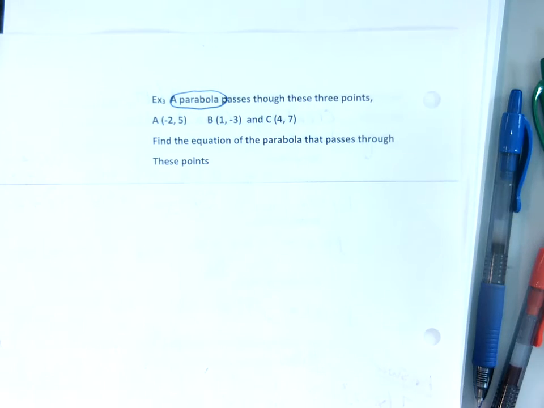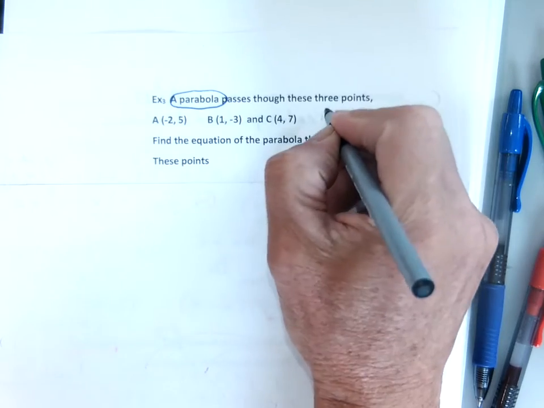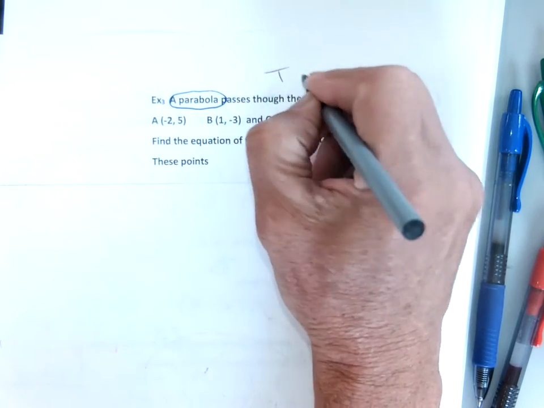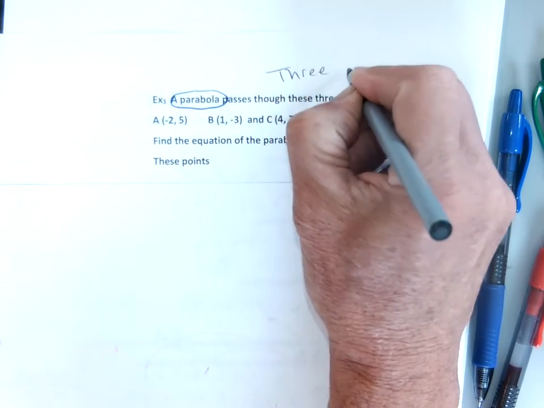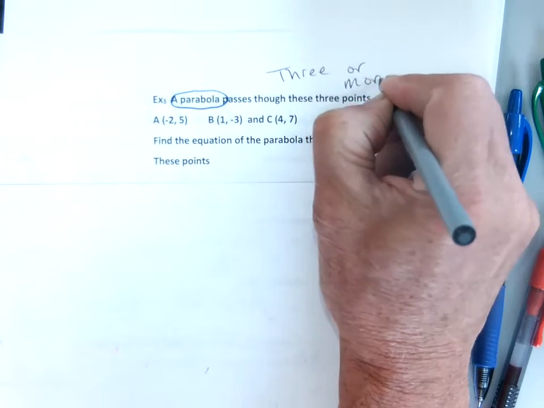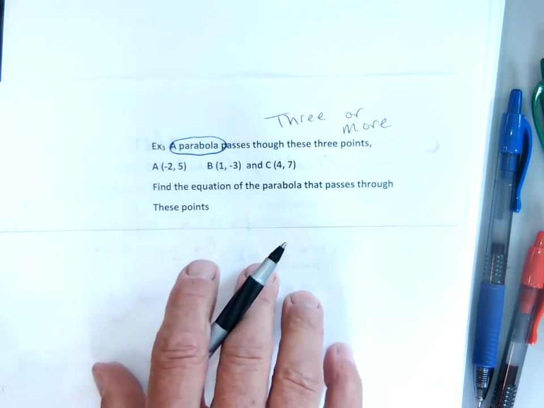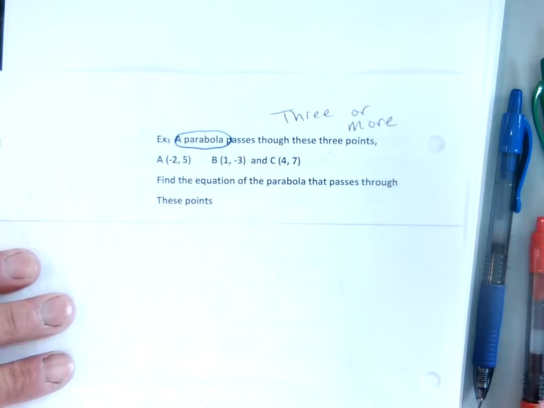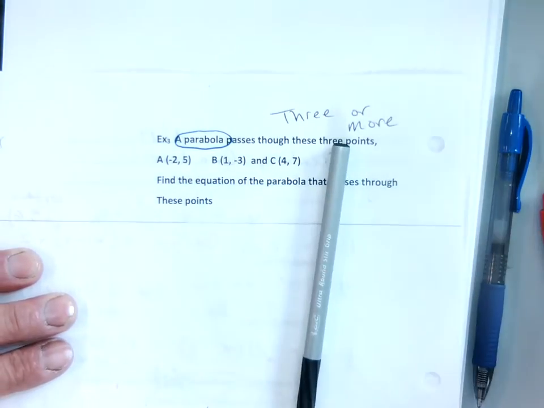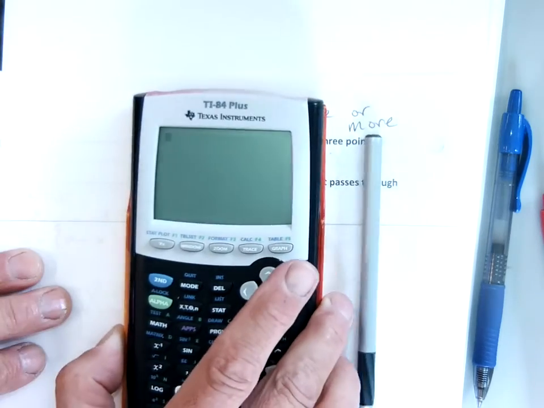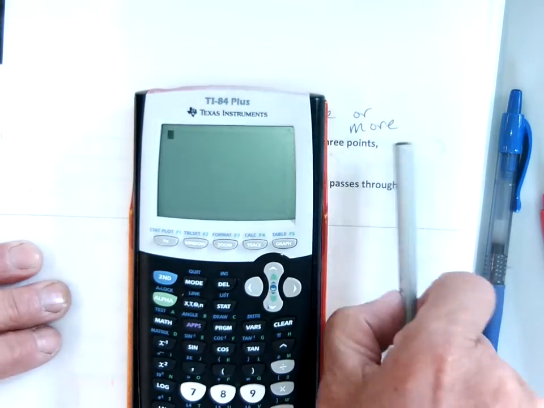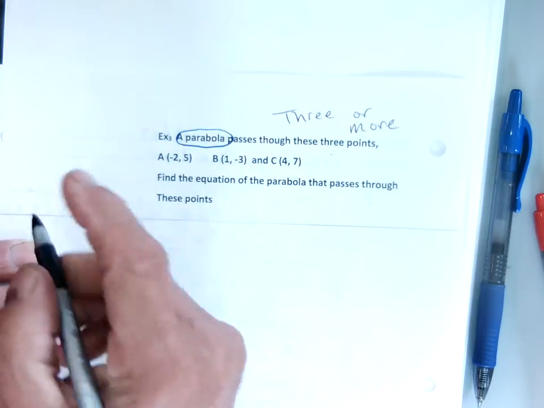So if you have 3 points, or more, 3 or more, then we can let our calculator do the work. So what we need to do is we're going to put these numbers into our calculator. So we're going to go and find this button.